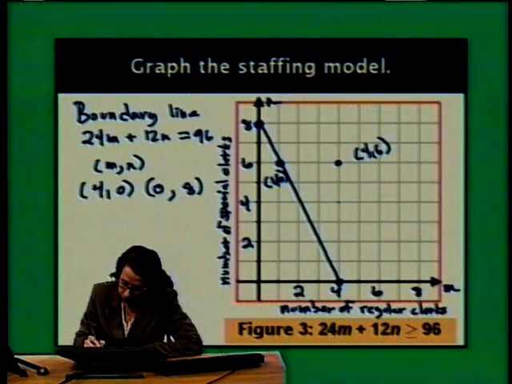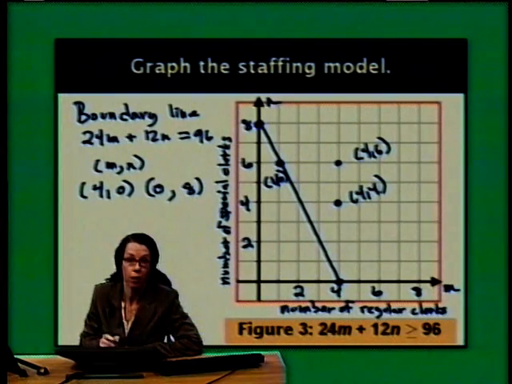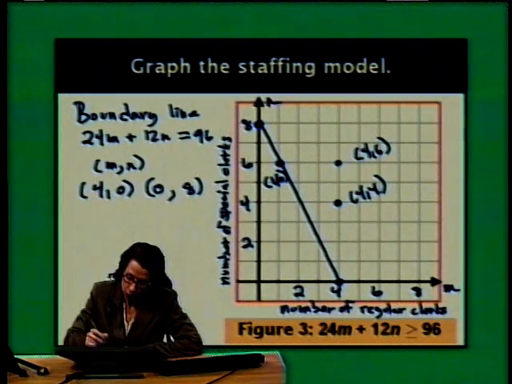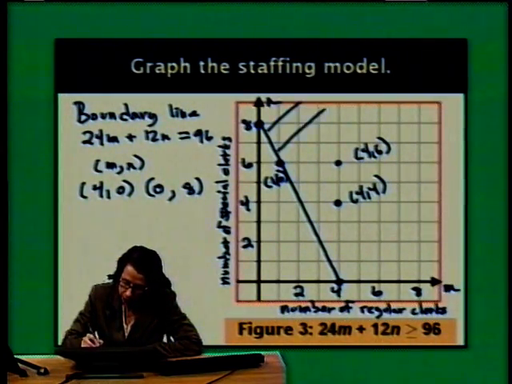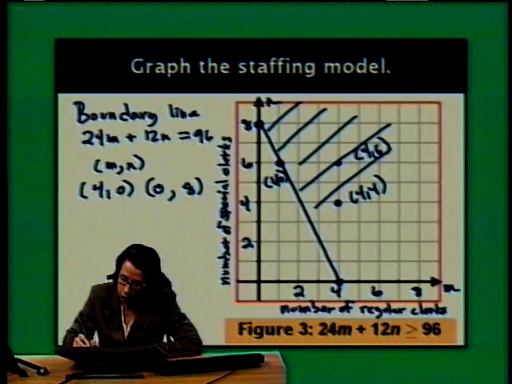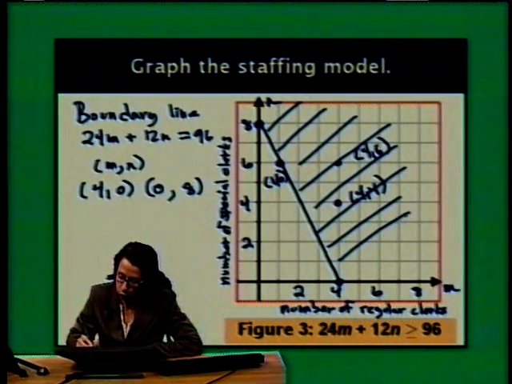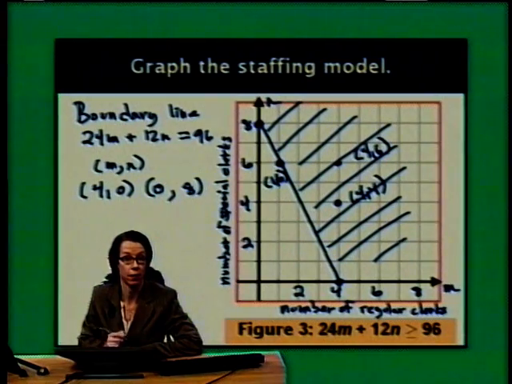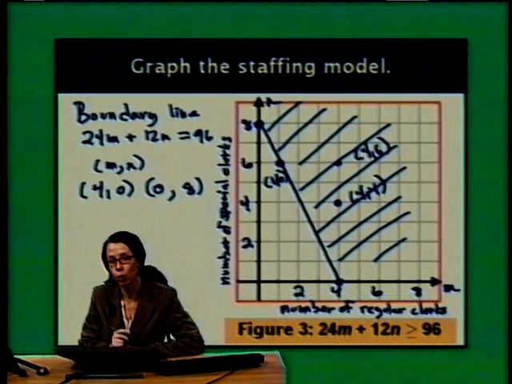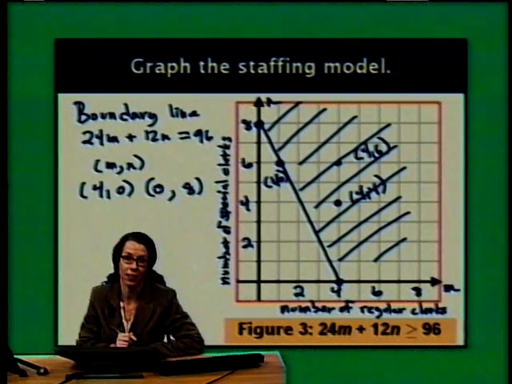If I want to even things out a little bit and have 4 of each type of clerk, that's still going to work. So my solution set in this case is going to be points to the right of or above this line. Again, only the ordered pairs with integer coordinates are really going to make any sense in the context of the model.